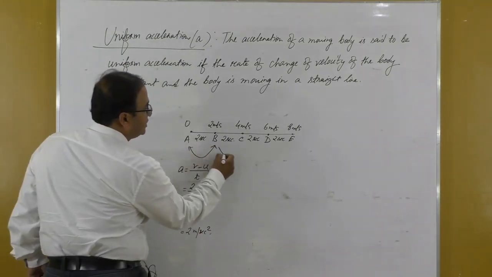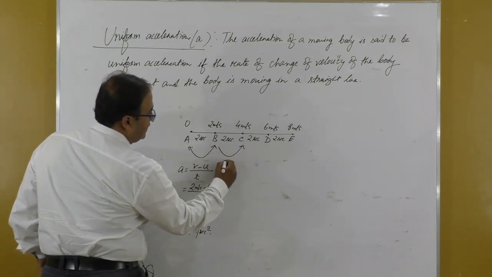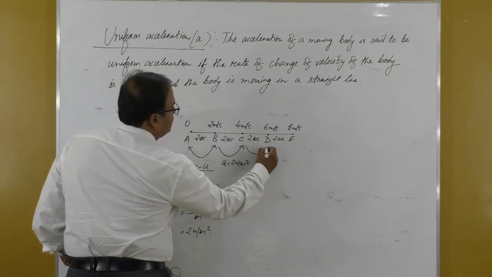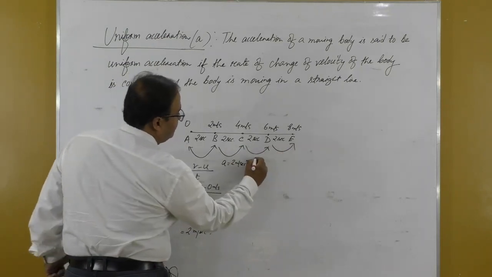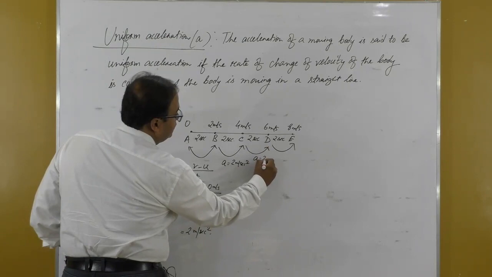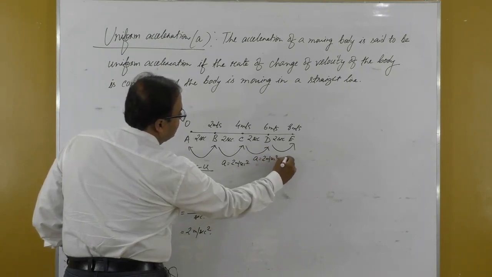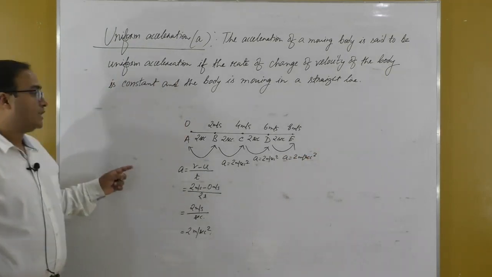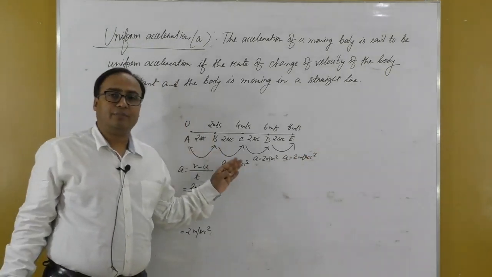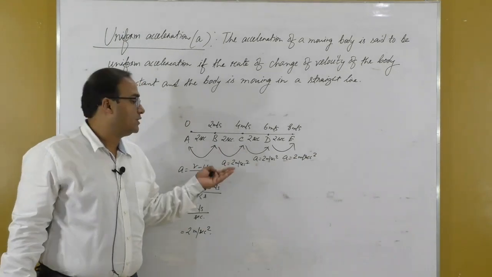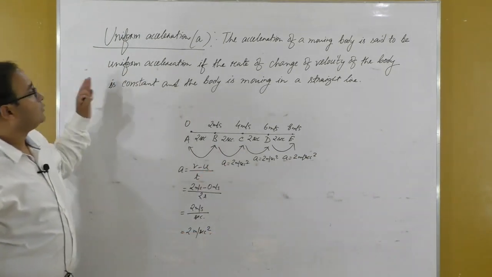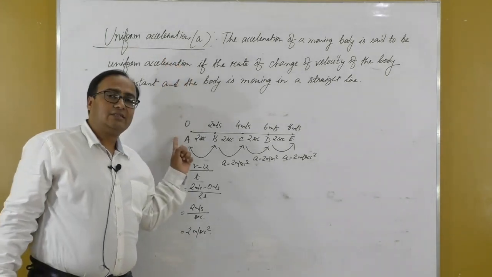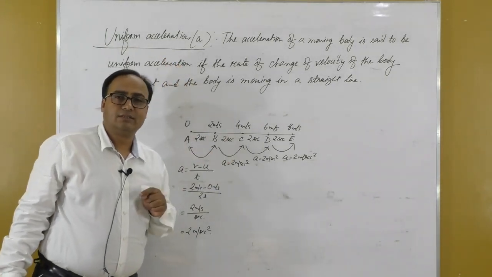If you do the calculation for B and C, you will get the same answer, 2 meter per second square. From C to D, and from D to E, you will get the same answer, 2 meter per second square. So for this body, acceleration at any point remains constant during motion. When a body moves like this, its acceleration is called uniform acceleration, and besides that, the body should move in a straight line.